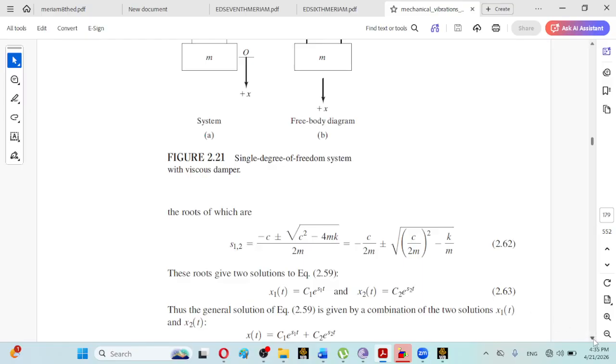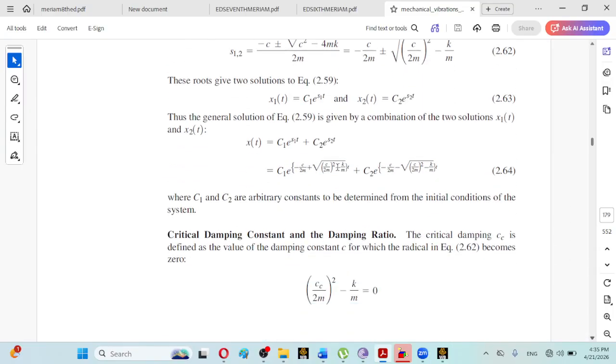The important thing is that this equation is a general equation, but the exponent is very complex and lengthy. So our next task will be introducing two terms, the critical damping constant and the damping ratio, to simplify the exponent of the exponential term.